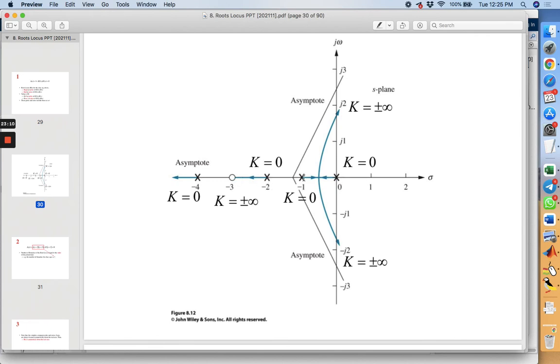These 2 poles come together at the breakaway point. One goes upwards, one goes downwards, to K equals infinity. And this pole at -2 ends at -3. And we have the last pole here at -4 ending at infinity.